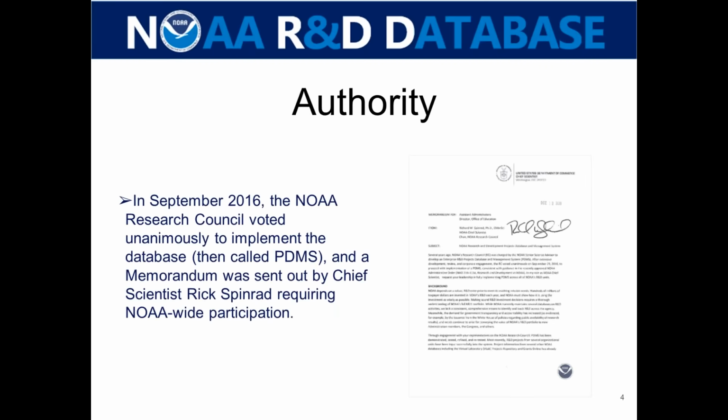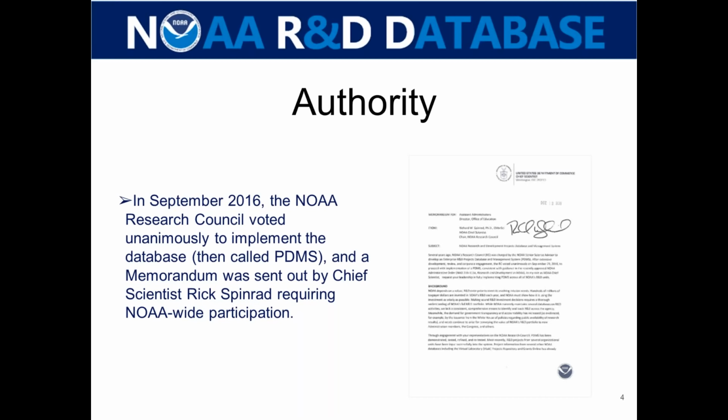So where did the authority for this effort come from? The Research Council. NOAA's Research Council, and underneath the Research Council is a working group called the Research Development and Enterprise Committee. All the work with this NOAA R&D database was done under our RDEC, Research Development and Enterprise Committee, and they oversaw this entire effort to bring this into fruition.